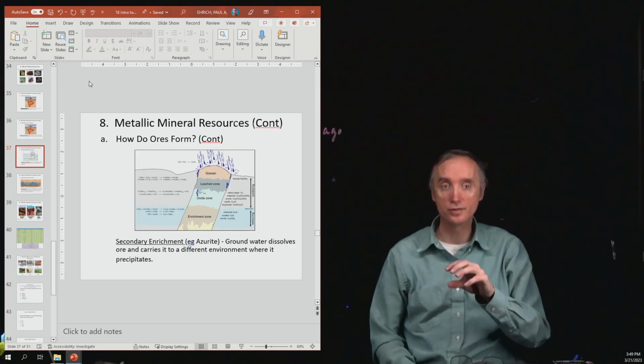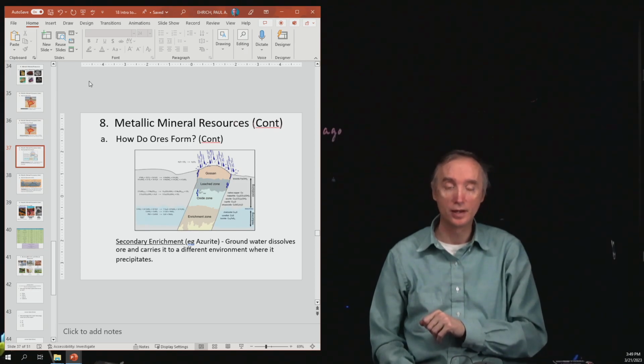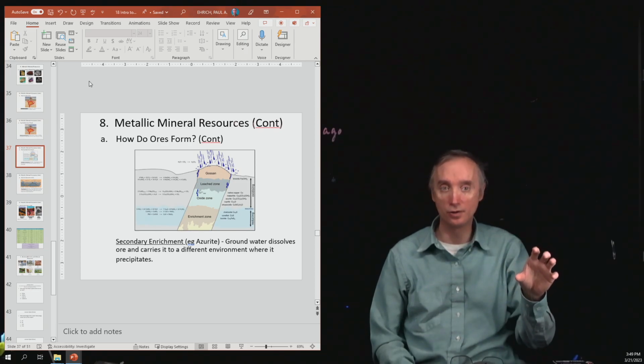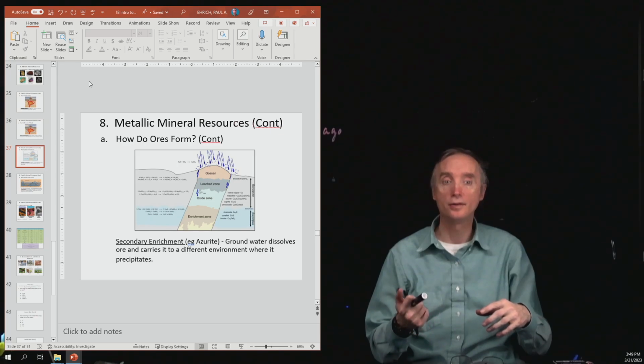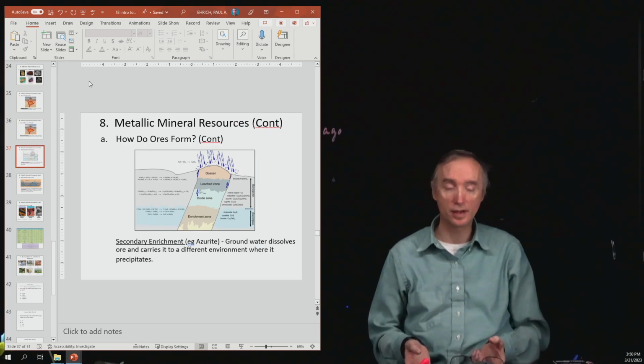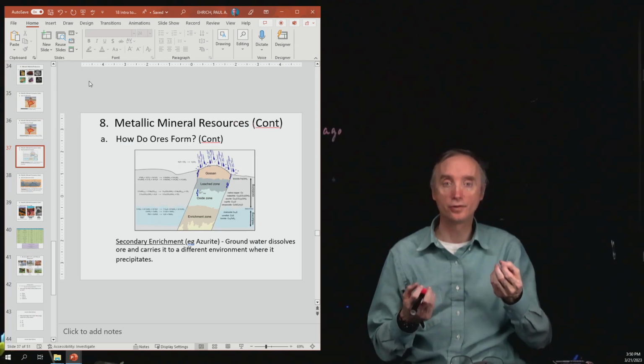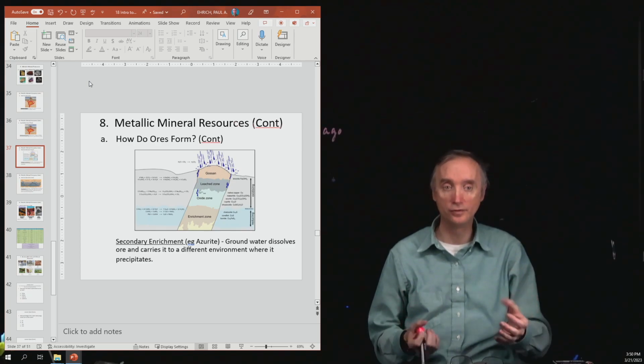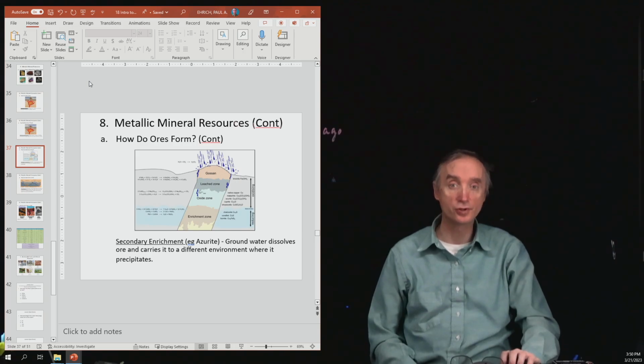The water is going to dissolve that ore. It's going to carry it somewhere else where conditions are different, and then under those conditions, those particular ores are going to come out of solution and are going to be precipitated. So an example of this would be azurite.